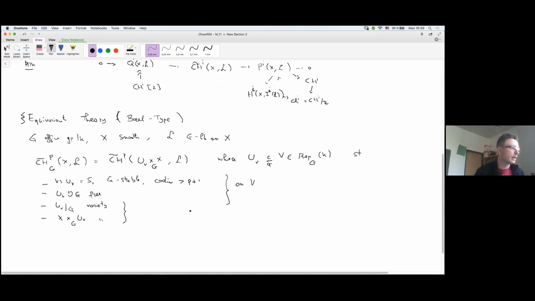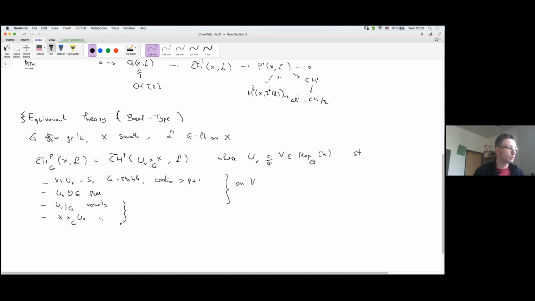Anyway, today we will not worry about these, because G will be either G_m or a group of roots of unity invertible in K. In both these cases, quotients always exist in the category of schemes, so we don't have to worry.